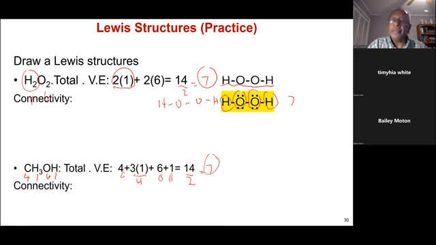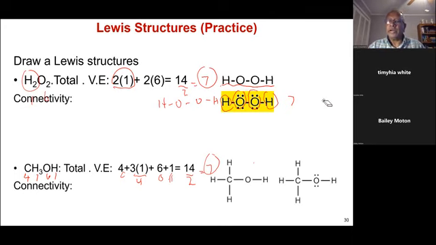So the connectivity is that this is O. After you get the connectivity, you put the 3 hydrogens on the CH3 and fill up the octet for each atom. When you do that, you get this picture right here.